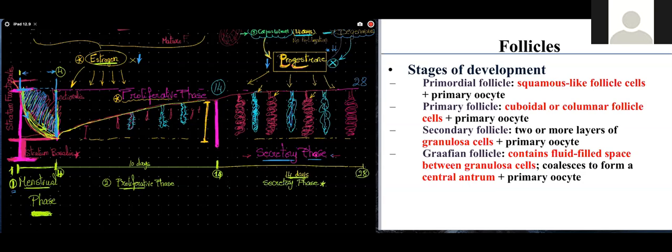Yes, definitely there will be proliferation and secretion going on inside, but I can't see any of this. The thing I can see is the blood dropping. So the first blood drop is going to be day 1 of the cycle. This is something that I can mark.